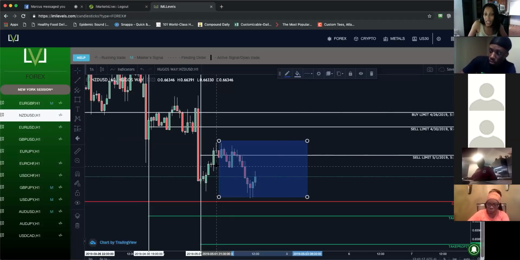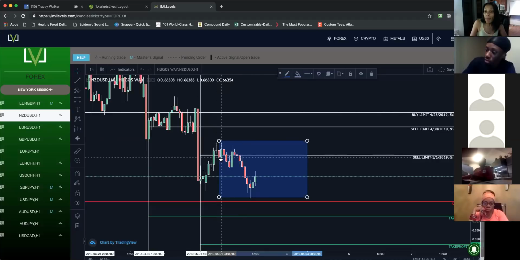It means price is going to come up and touch the line, right? Or at least get in the area of the line, the zone of the line, and it's going to go back down. So in other words, price is below the line, it's going to go up to the line, and it's going to reverse and go back down. That's what a limit order is. Limit means it's already below.